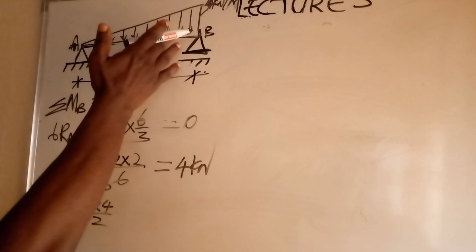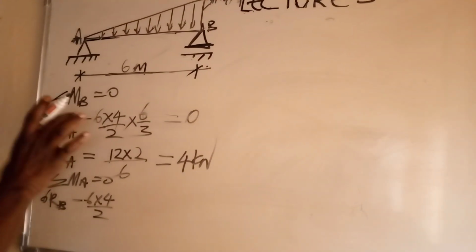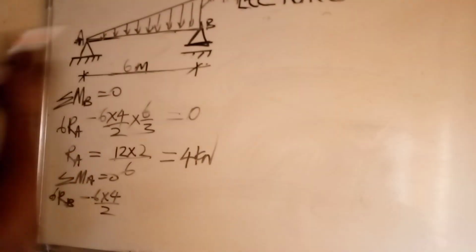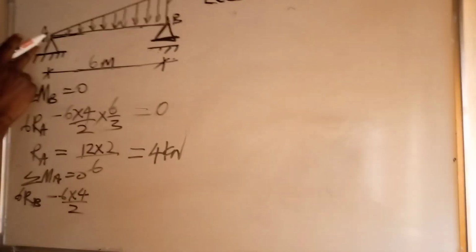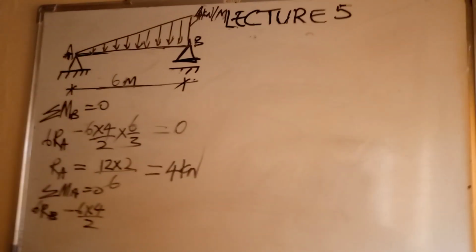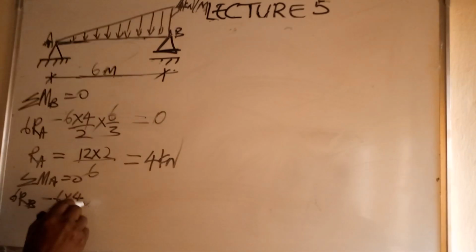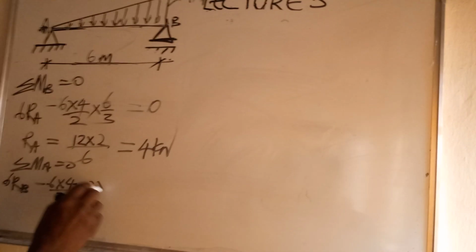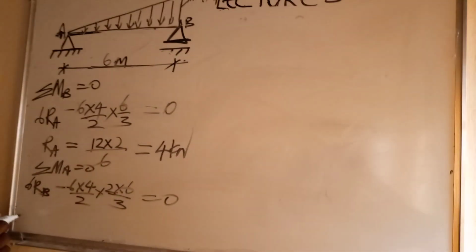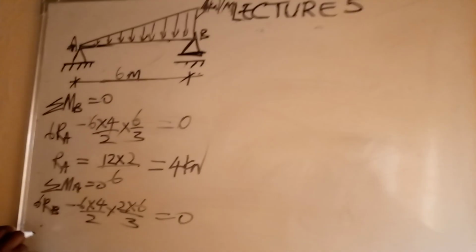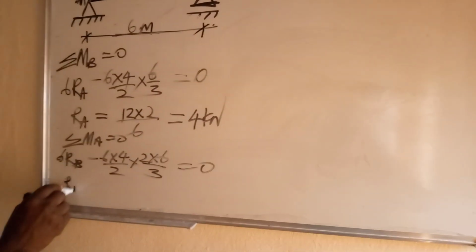Then the distance, because before we were taking moment at point B, now point A. I told you the distance from the center of gravity to the tip is 2/3. So times 2 times 6 over 3. So it's equal to 0. There's no other load or another moment. RA cannot give moment at its own point.